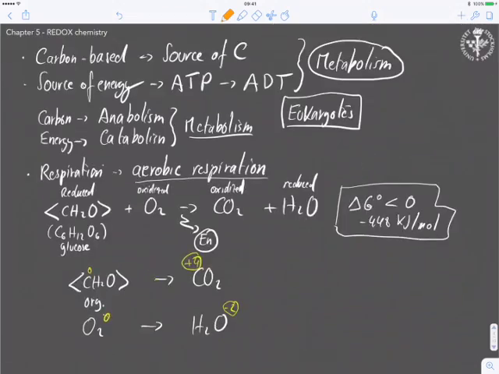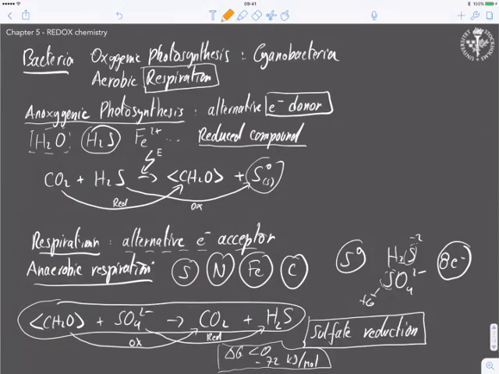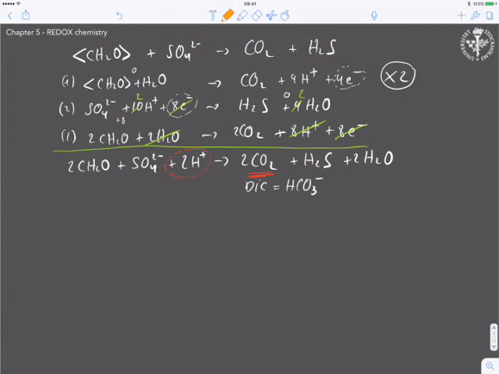So now, if you simplify that, and going back to our stoichiometry here, we can write that down. Again, this is not going to be CO2 but bicarbonate, it's not going to be H2S but HS minus.